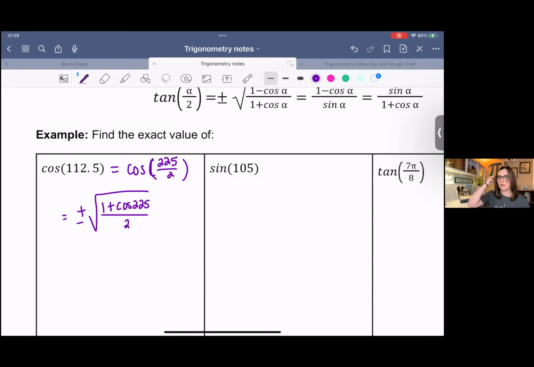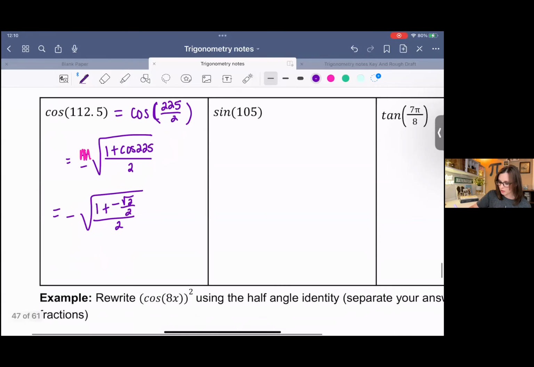225 is in the third quadrant, so it's going to be negative. And the cosine of 225 is negative square root 2 over 2. Which means on the inside of the square root, I'm going to have to do some simplifying. So I'm going to get common denominator in the numerator.